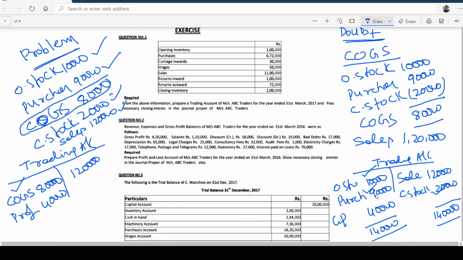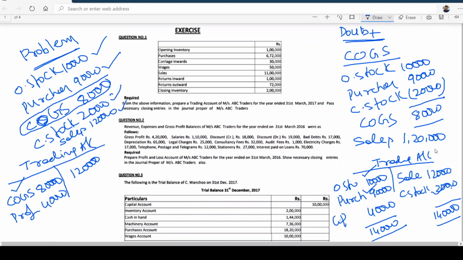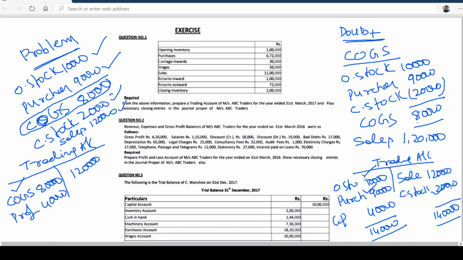Opening stock plus purchases minus closing stock is equal to cost of goods sold. That's it. If you take cost of goods sold, opening stock is not required to be taken, purchases is not required to be taken, closing stock is not required to be taken. The difference between sales minus cost of goods sold is your profit.